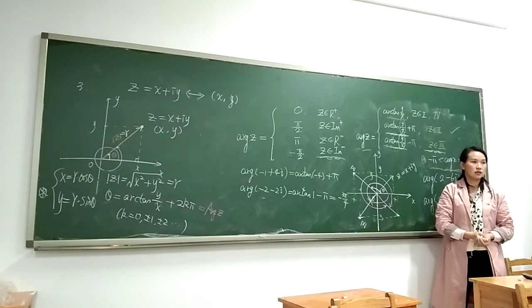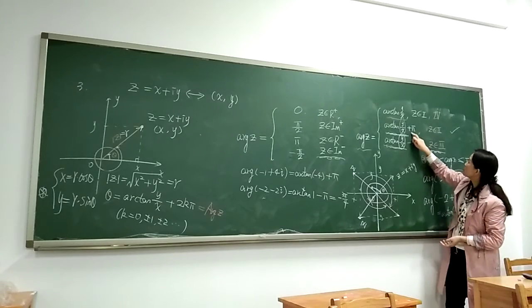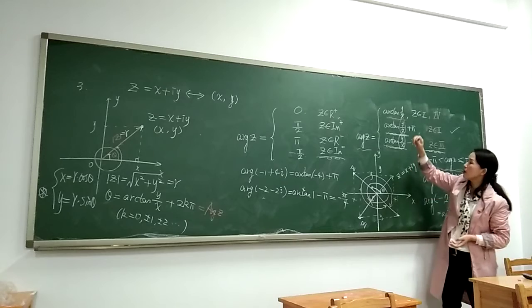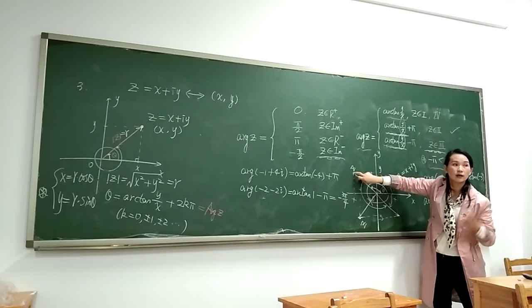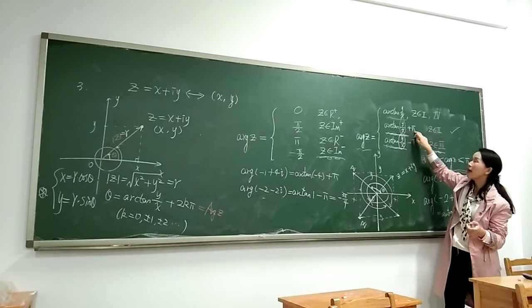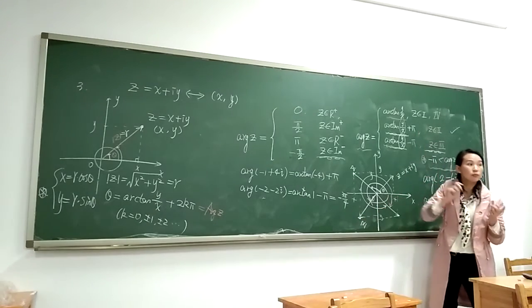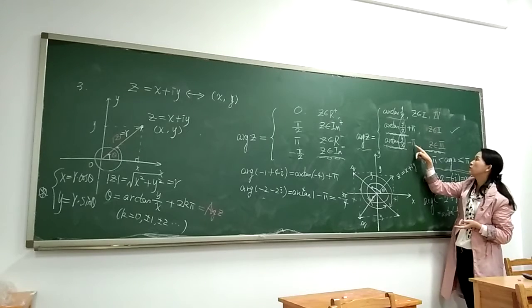This is right. If you plus or minus, it is wrong. If z belongs to the second one, you must plus pi. If z belongs to the third one, you must minus pi.